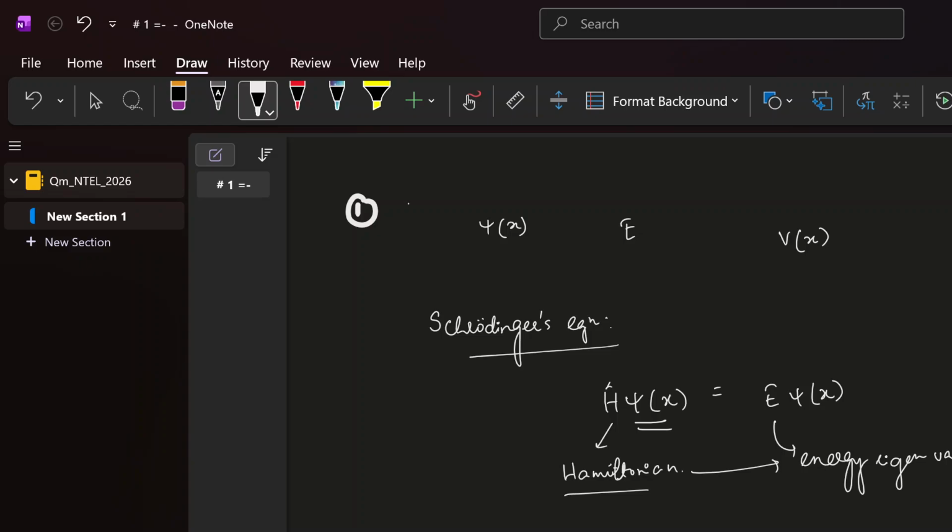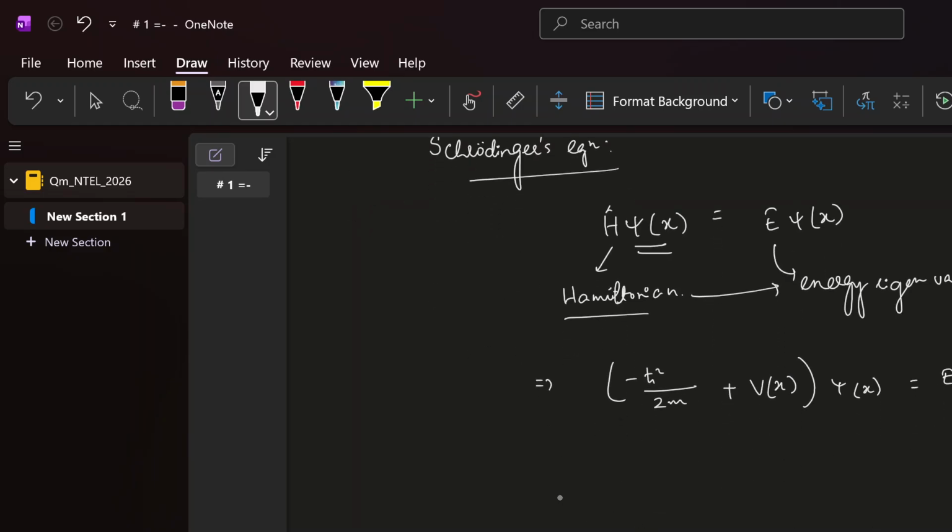It will be minus h-bar squared by twice m. This is the kinetic energy term, and the second term is the potential energy term V(x), operated on psi(x), and that will be equal to E psi(x), right?